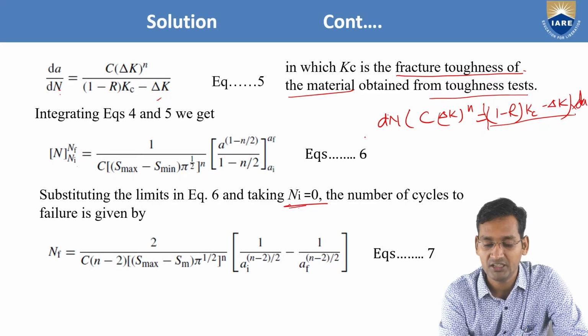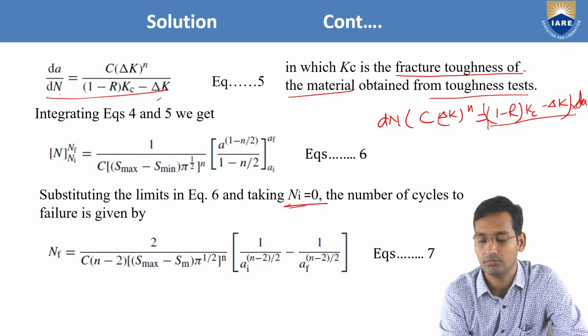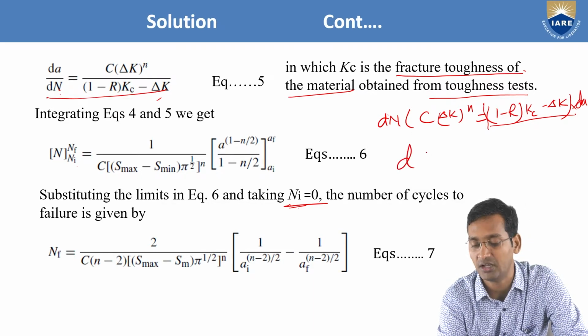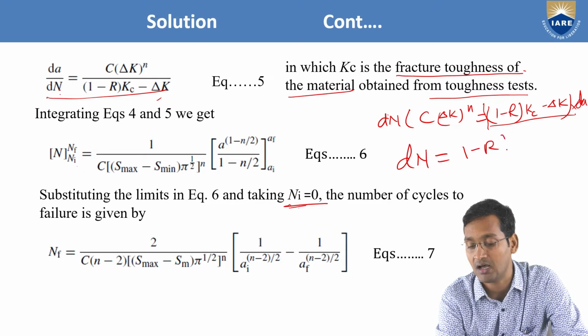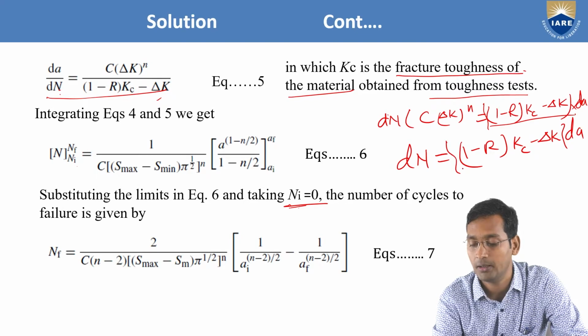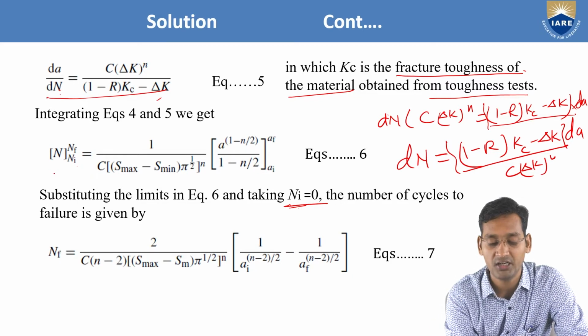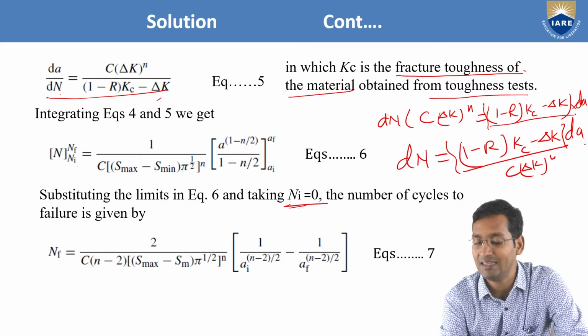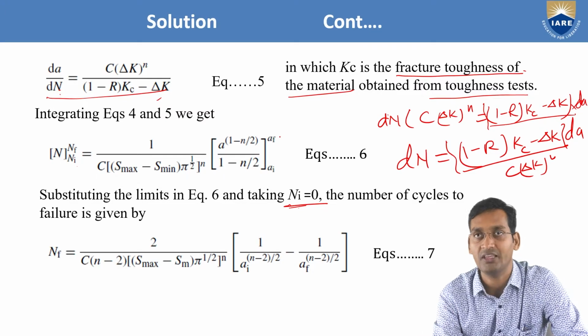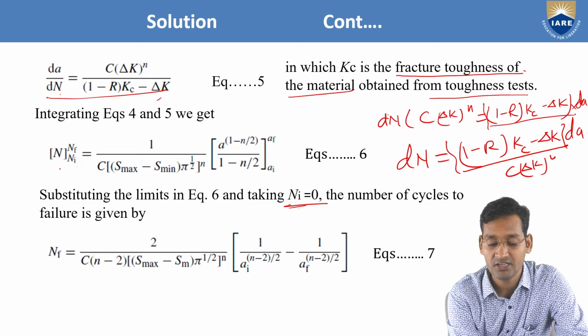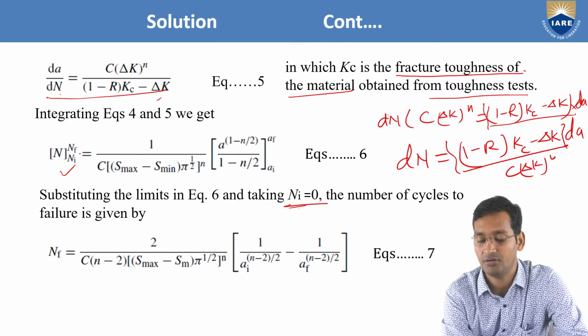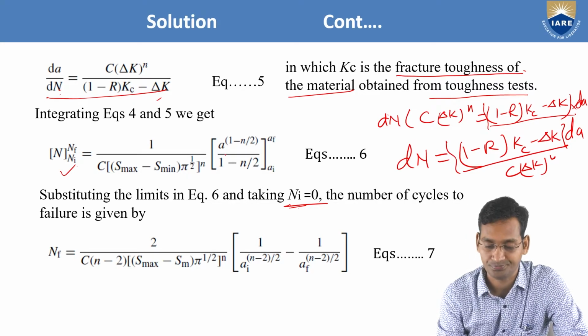So now after integrating this one, by separating, we can write dN equals 1 minus R, Kc minus delta K, into dA by C delta K power N. After integrating and putting the proper limit, A will be from Ai to Af. We will get this value after integrating.